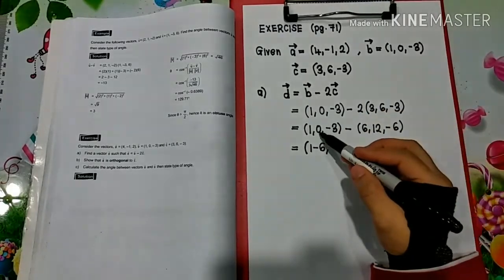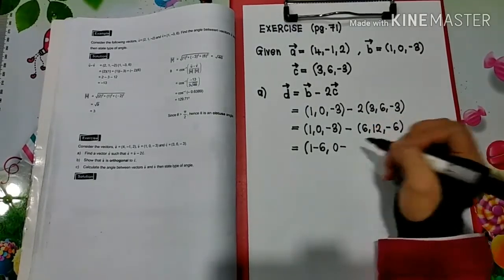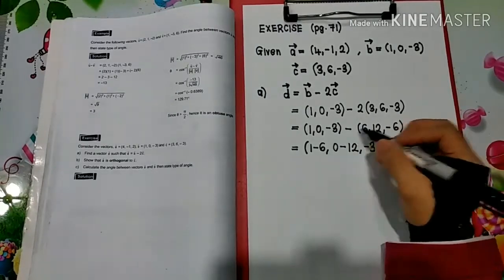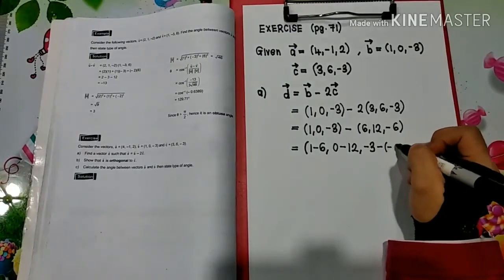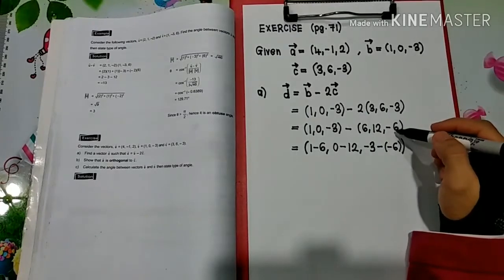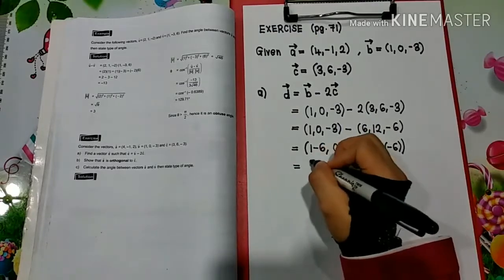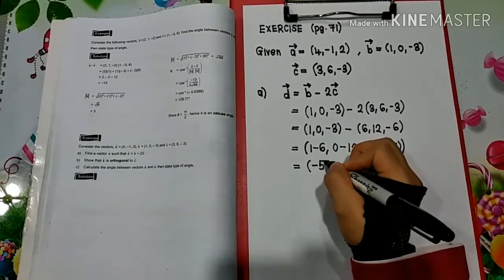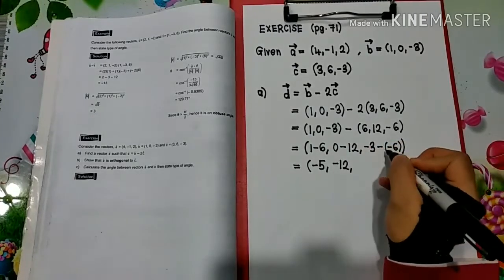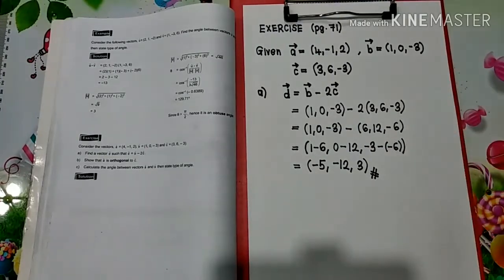The second element with the second element of the second vector, so 0 minus 12. And the third element with the third element of the second vector. Then 1 minus 6, you get negative 5. Negative 12. And this one you get negative 3 plus 6, so you get 3. So now you have solved for D.